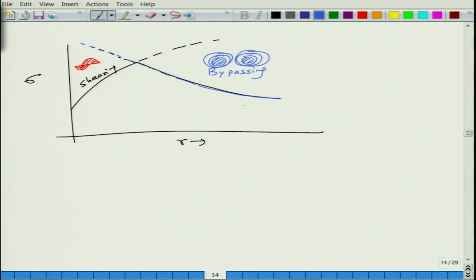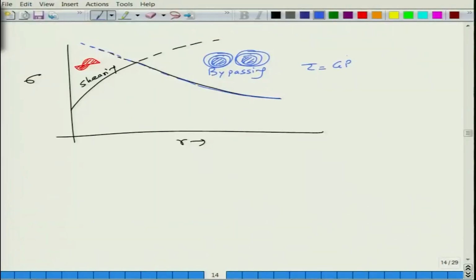So when the size becomes more, then the separation also increases, because tau is equal to 2Gb over L. As L increases, tau decreases, hence the dislocation can bow easily. When they are very close to each other, this stress is very high, but the stress required for shearing is lower.